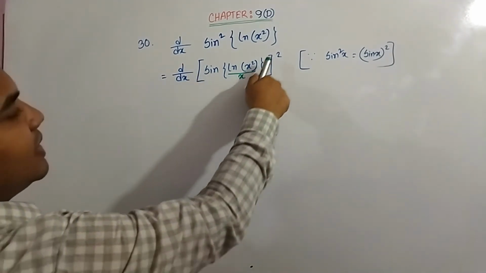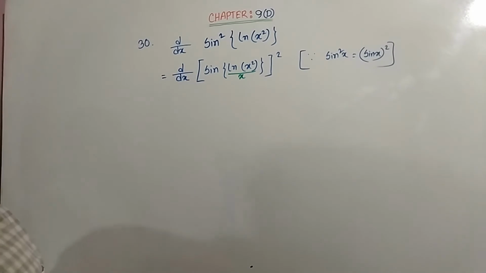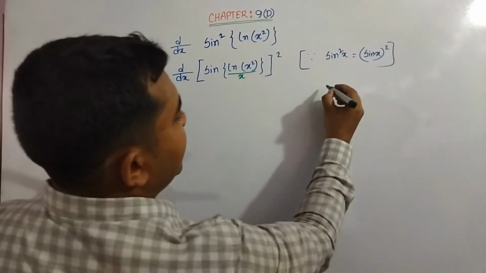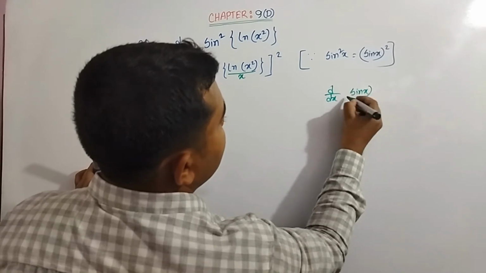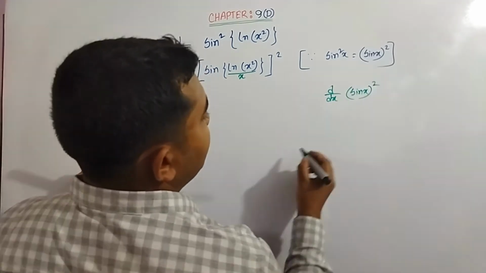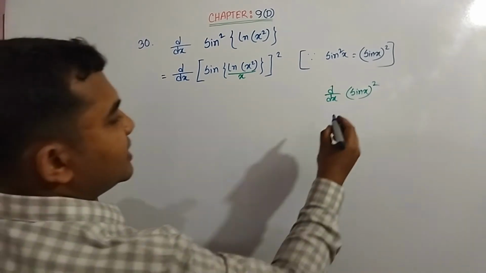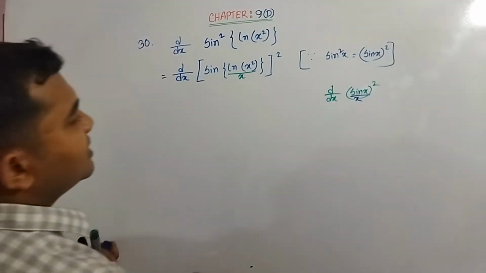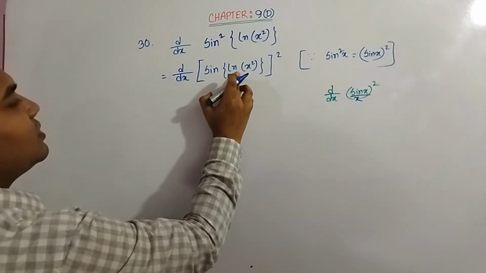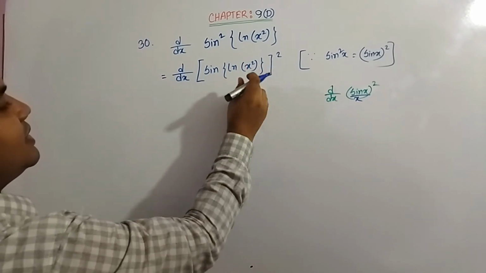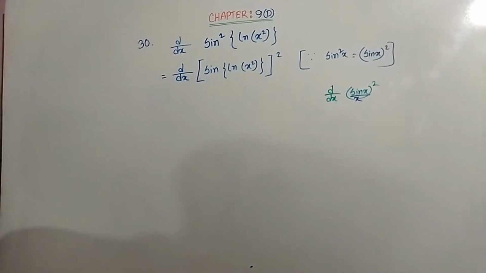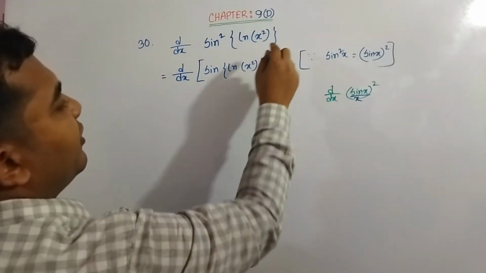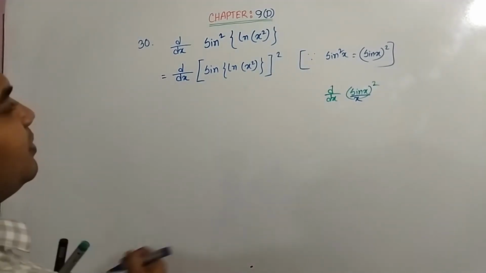So sine x whole square, if we differentiate this part, what can happen? d dx of sine x whole square. That means we have to think of this sine x, so here we'll think the whole part is x. So it should be the x to the power n formula.